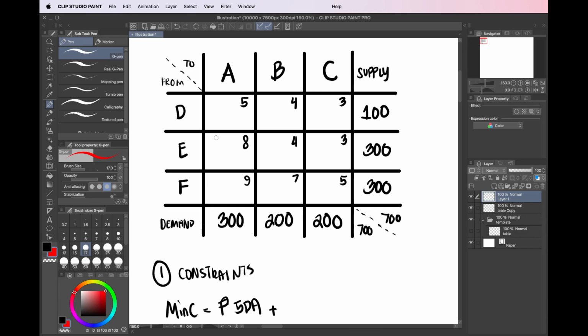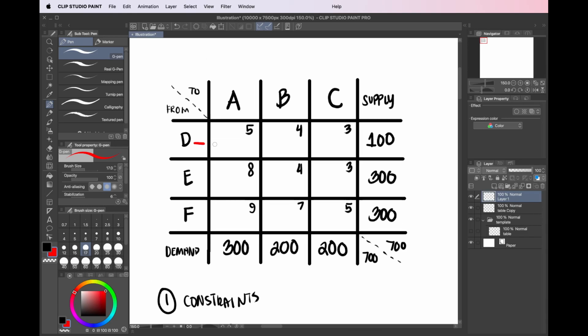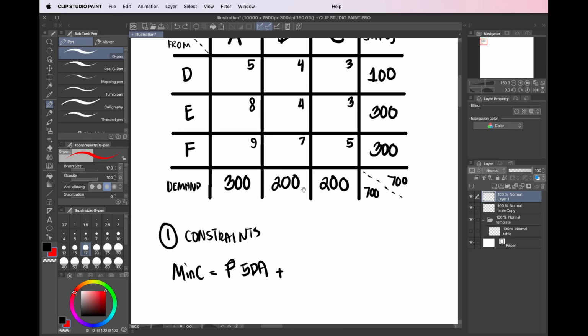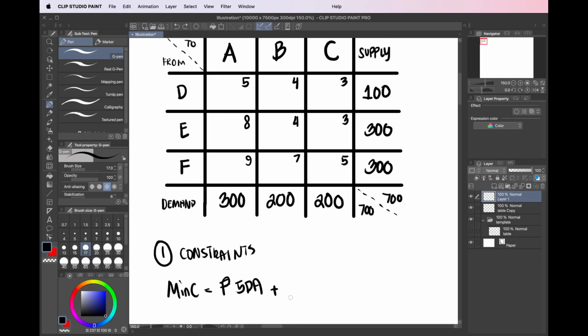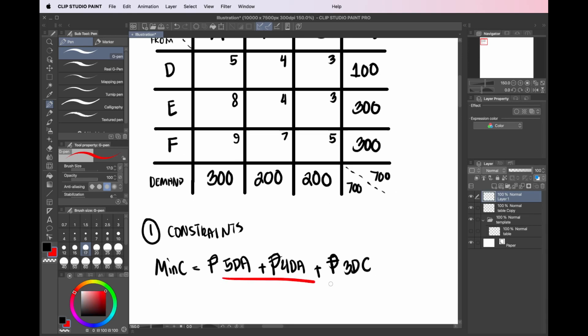We will go by row: first row, second row, and third row. So we will go 5dA plus 4dB plus 3dC. Then next, this is your first row, right?